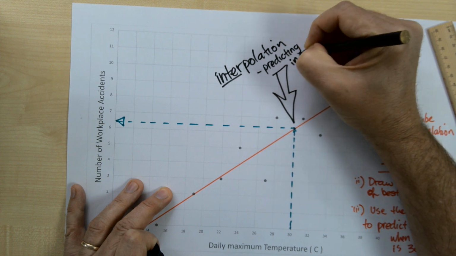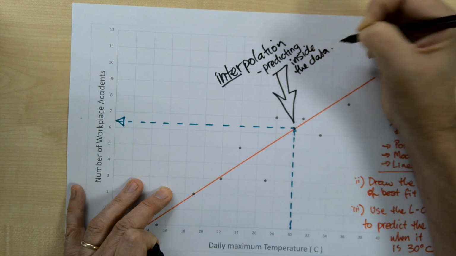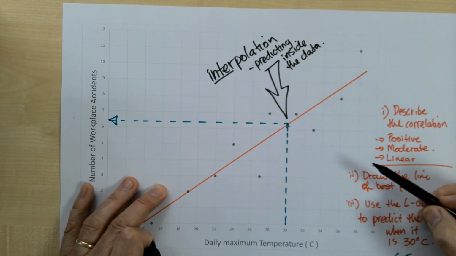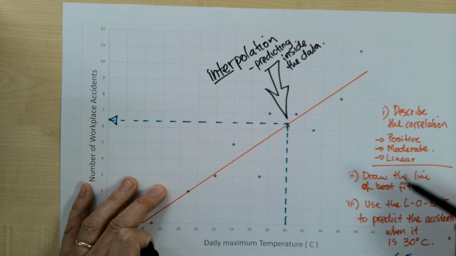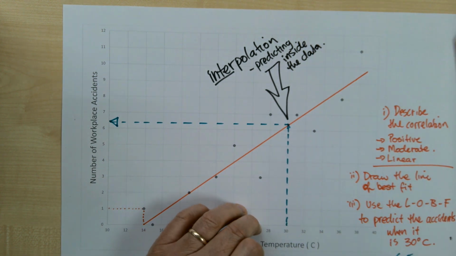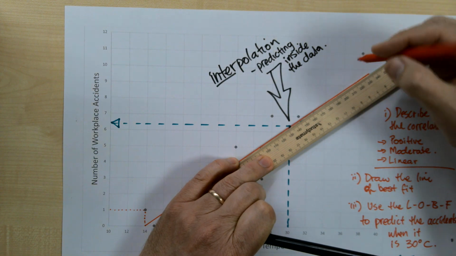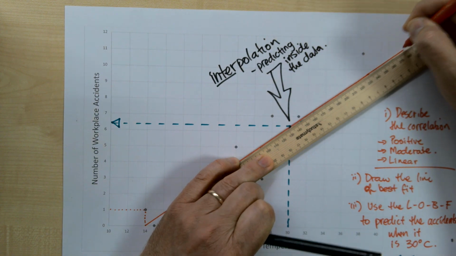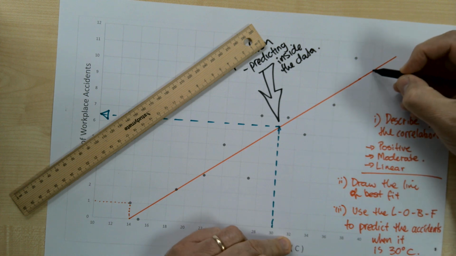Predicting inside the data. If I was to say that this doesn't go past 38 degrees, and I wanted to make a prediction for 40 degrees, I would extend the line out, and this last line here is 40 degrees.